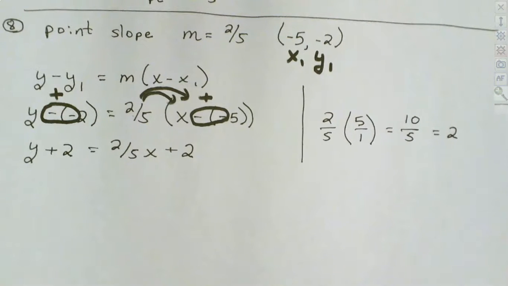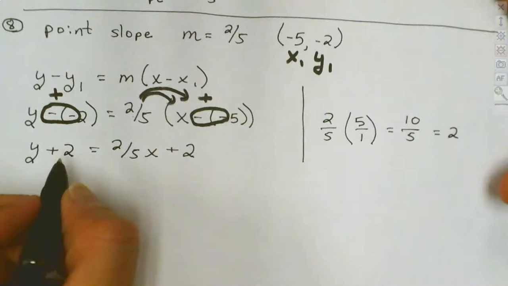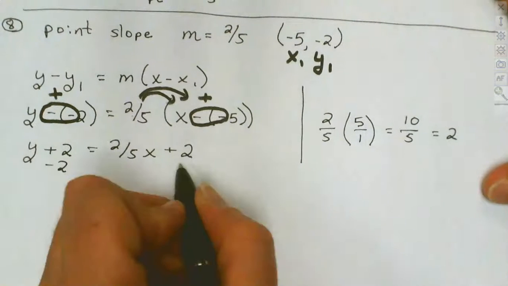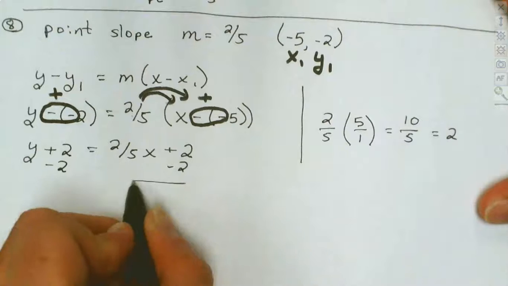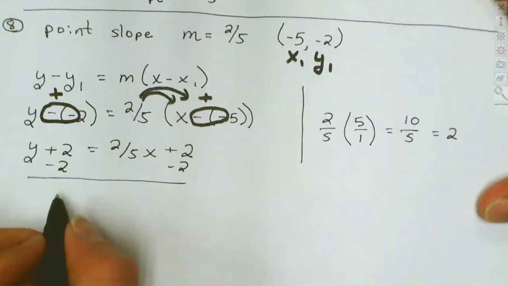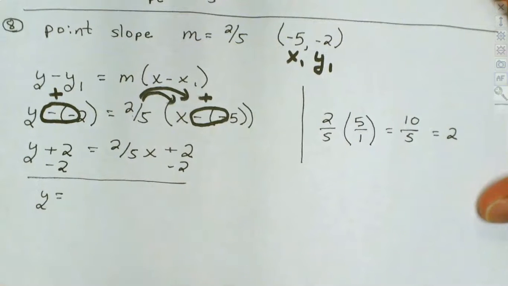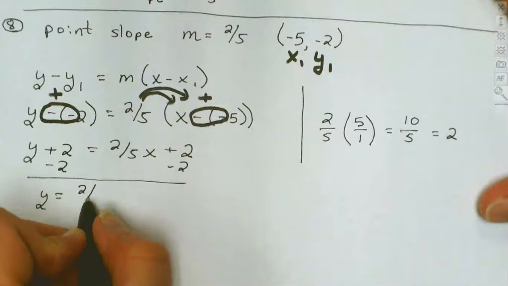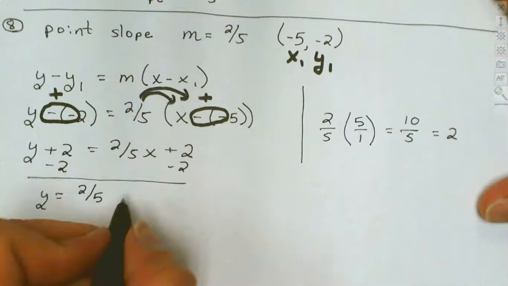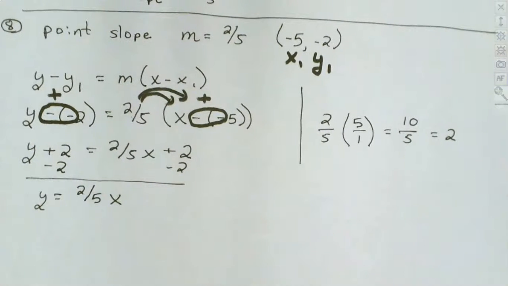So there's really not much else to do besides move that 2 over. And now we've got it. We don't have to clear the fractions because we want this in slope-intercept form. So that's 2/5 x, because the 2's cancel each other out. So our answer then would simply be y equals now 2/5 x.